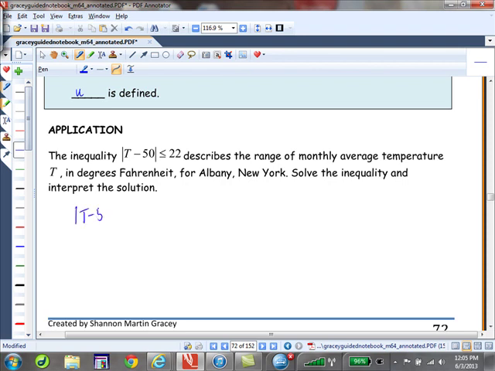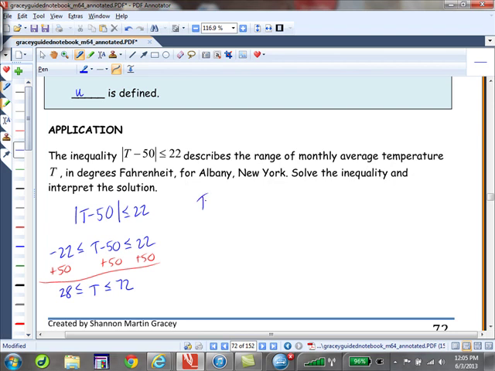Okay, absolute value of T minus 50 less than or equal to 22 means that negative 22 is less than or equal to T minus 50 is less than or equal to positive 22. When I add 50 to all three parts of the inequality, I get 28 is less than or equal to T is less than or equal to 72.